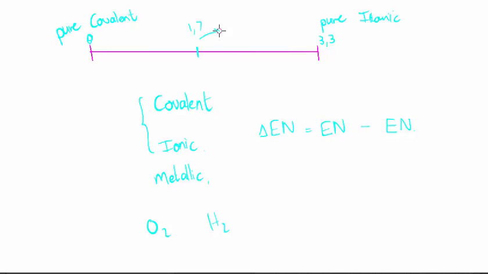So bigger than 1.7 would be ionic. Imagine it like this: we share, 2 of us, I'm sharing with someone. The stronger that guy pulls, at some point he can pull it out of my hand.